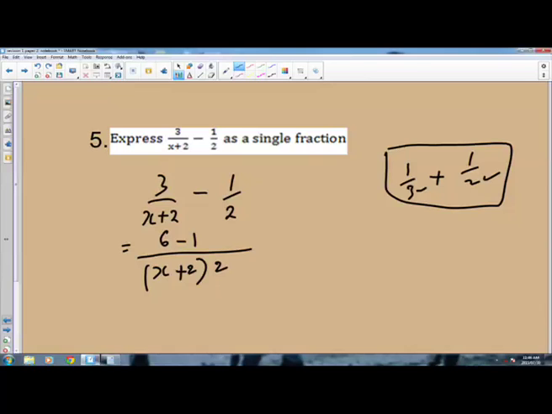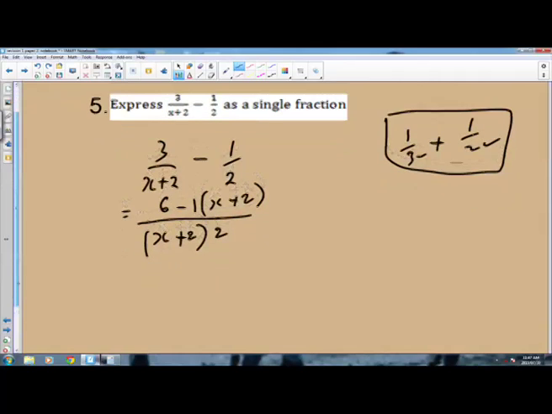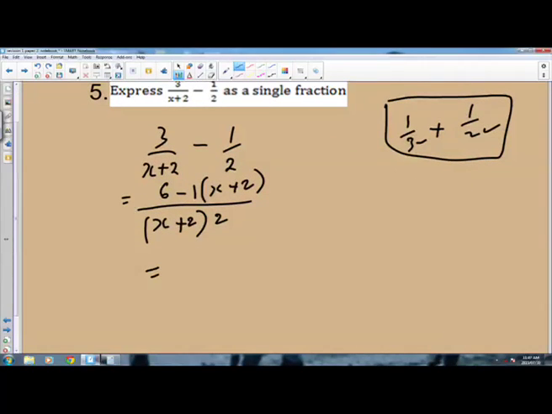So it's minus 1, and then you open the brackets because you are to multiply minus 1 and x plus 2. So this will be x plus 2. And then you have to remove the brackets for the numerator only. Don't remove the brackets for the denominator. You leave the denominator in bracket form. So this will be 6 minus 1 times x.